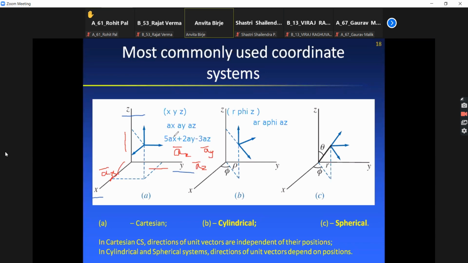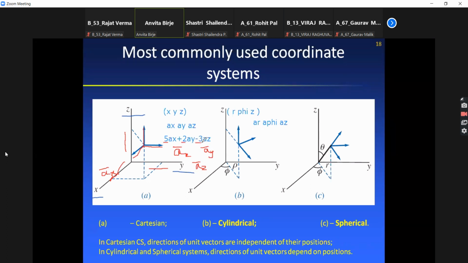That means its coefficient along x. The coefficients along x, y, and z of any point are 5, 2, and -3. These are the coefficients which are written here.